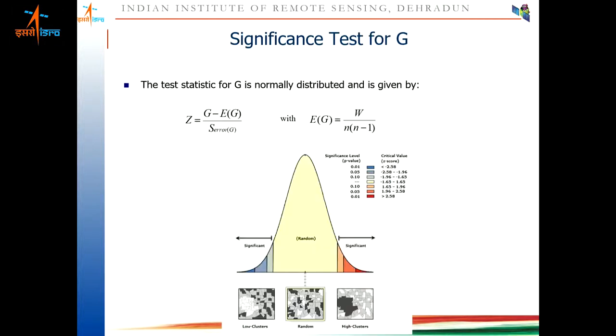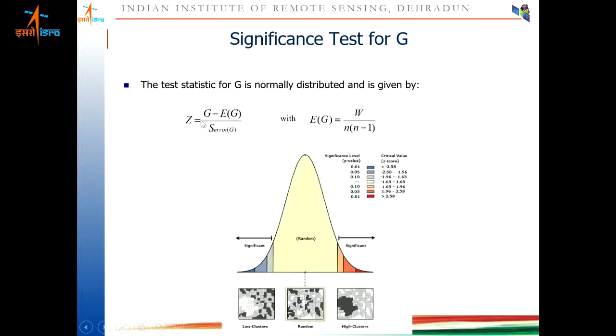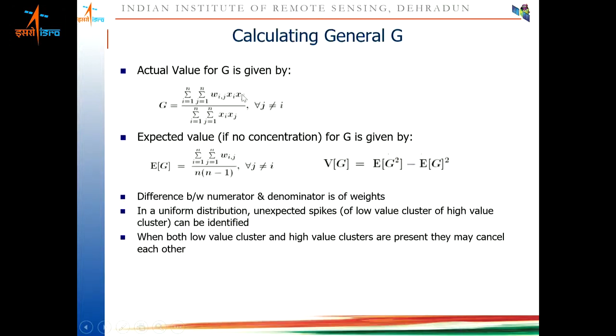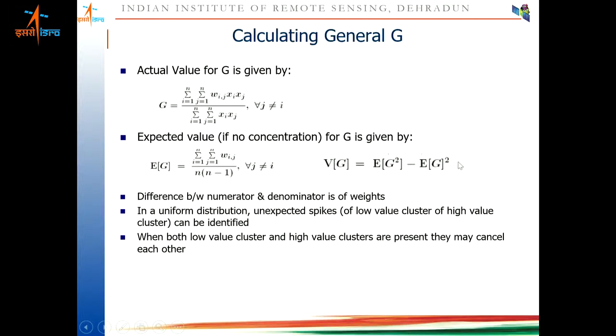For the significance test, the standard formula for Z is x minus mean of x divided by standard deviation. Here x is your G. So it is G minus mean of G divided by standard error, and here we have seen the mean of G is sigma wij divided by n into n minus 1, and G you will get from here. X is the random variable and the standard error can be calculated from this.